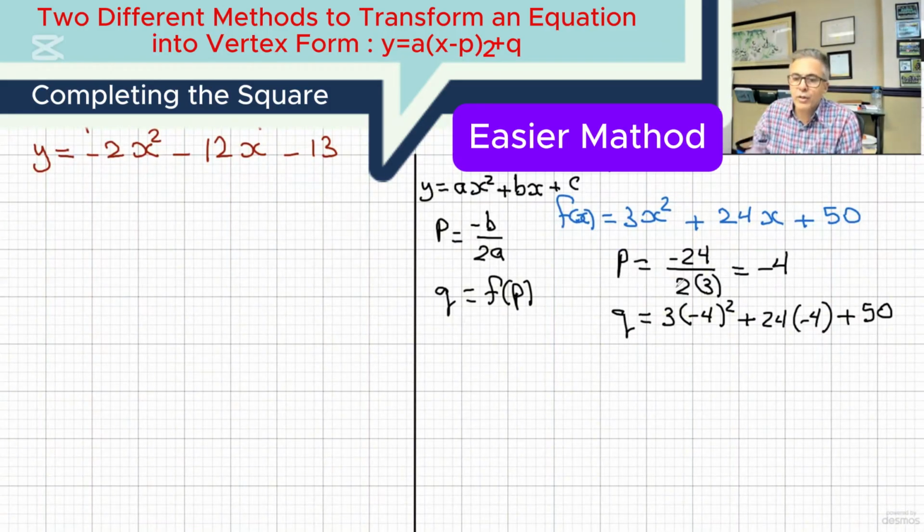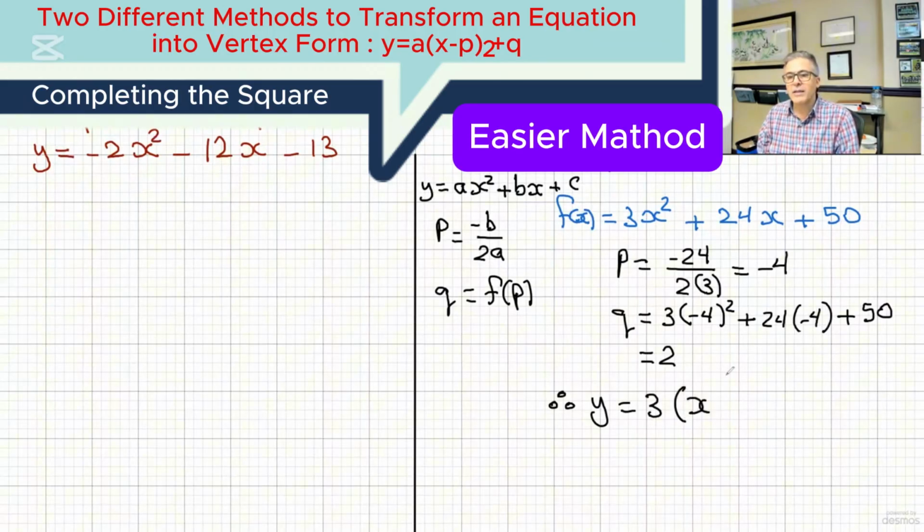And I get 2, so q equals 2. Therefore, my equation in vertex form is y equals a, which is 3, times x minus p, so x minus negative 4, which makes that x plus 4, squared, plus q, which we found to be 2, so plus 2.